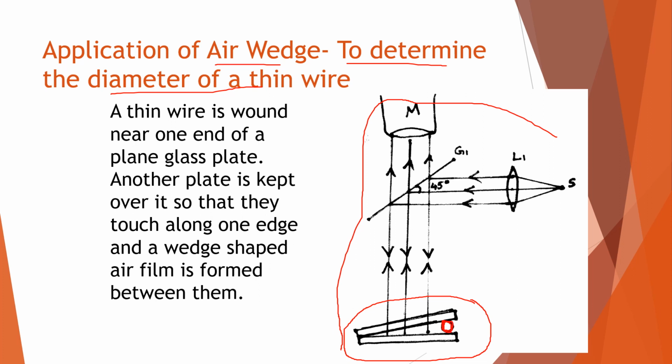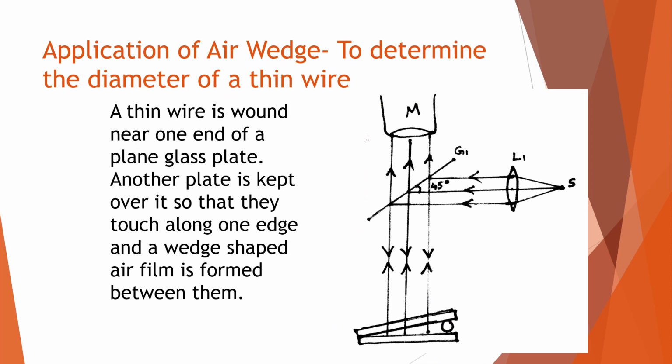It is this wire's diameter that we are going to determine. So when you place this wire at the end of the two glass plates, an air wedge of this shape is formed between the two glass plates. So here we have an air film in the shape of a wedge. This is the diagram for the second part of the essay.